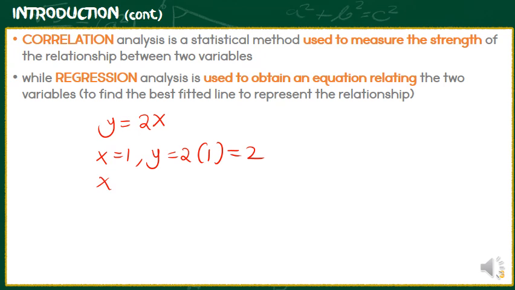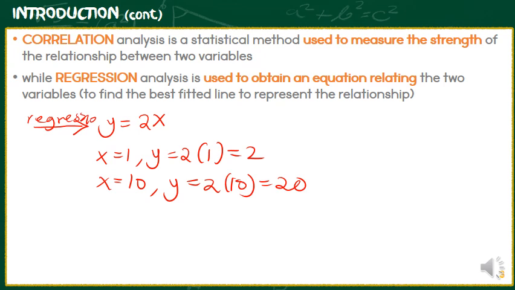Kalau hisap rokok 10 batang, level of nicotine 20 contohnya. So, regression ini adalah proses nak cari equation. So, bila kata ada relationship dia Y sama dengan 2X, macam mana awak dapat Y sama dengan 2X? Ini nama dia regression. Okay?